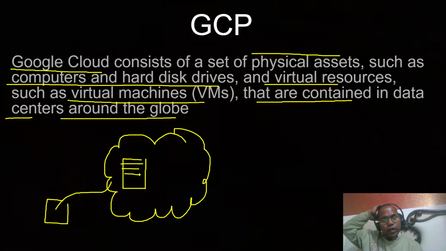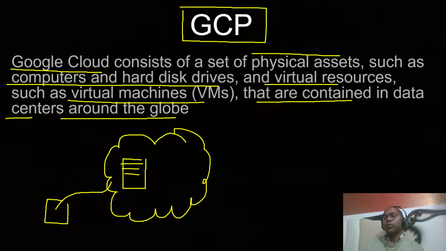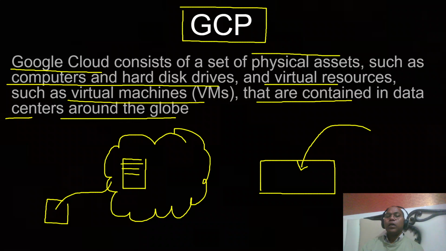Okay, so we as developers can just go online with the help of a browser and access this machine. Good, but somewhere the cloud provider must have physical RAM, computer, memory. So GCP or any cloud provider has data centers. A data center means the physical locations where they have put their computers and all the hard disks, drives, memory, everything.